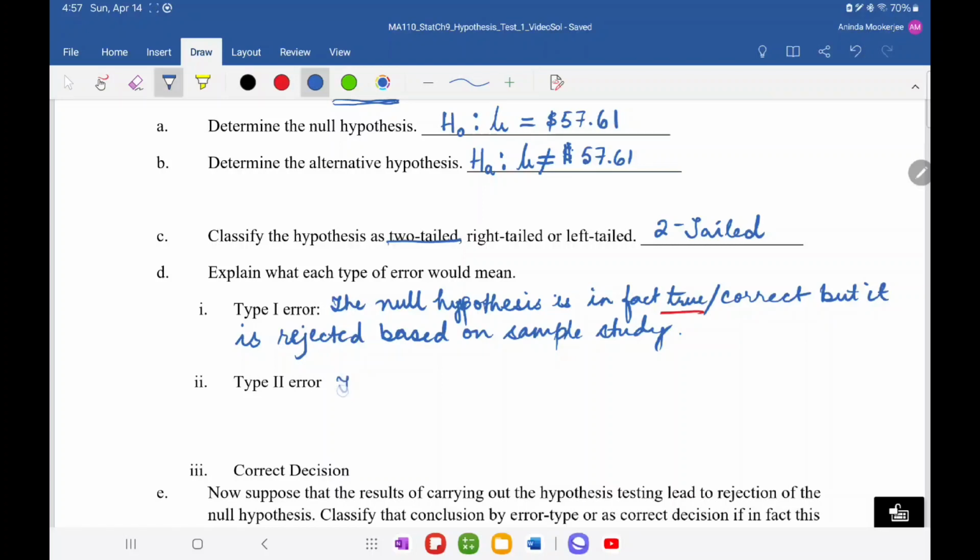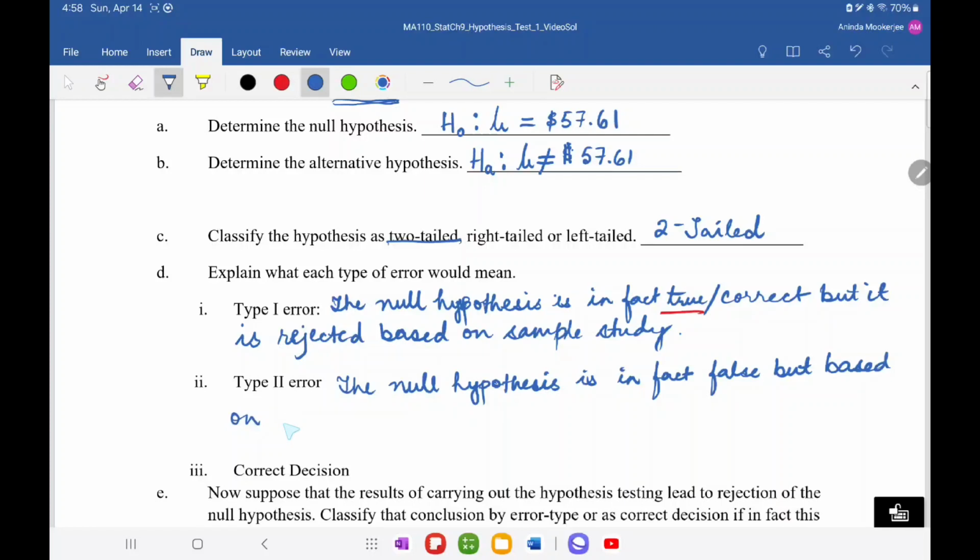So the way we are going to write it is, in a type 2 error, the null hypothesis is in fact false or incorrect, but based on the sample study results, it is accepted.